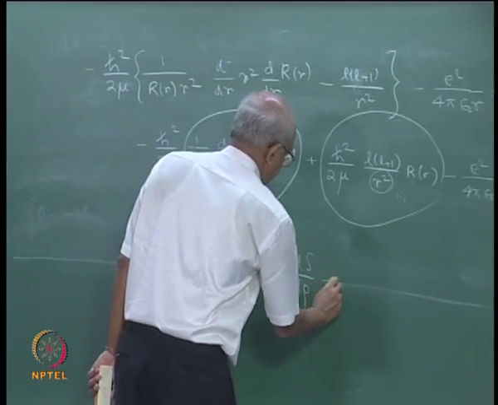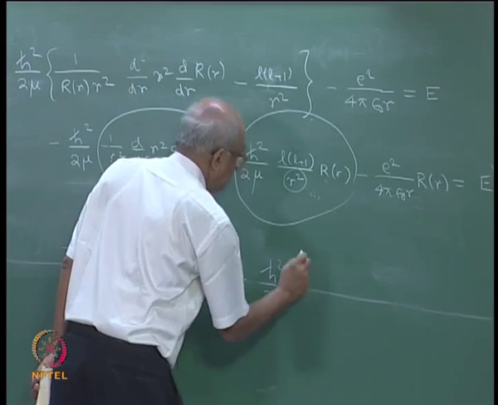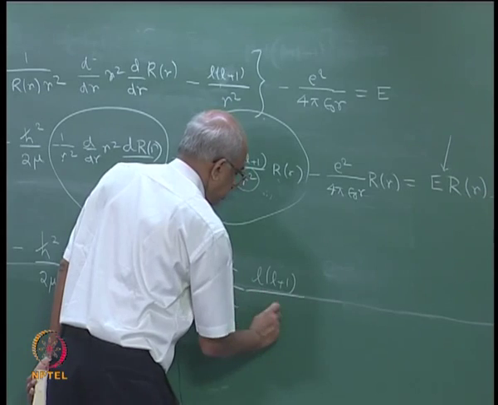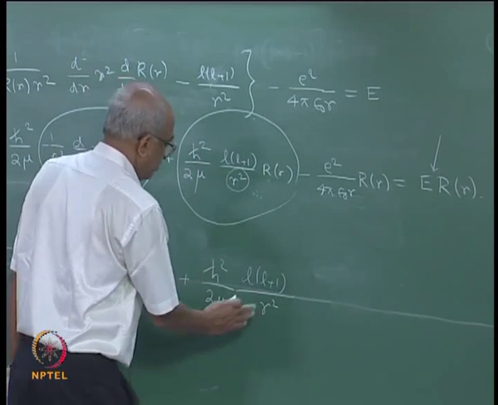And you have this minus h cross square by 2 mu, then you have plus h cross square by 2 mu L into L plus 1 divided by r. Well, this r square I would like to replace with rho.